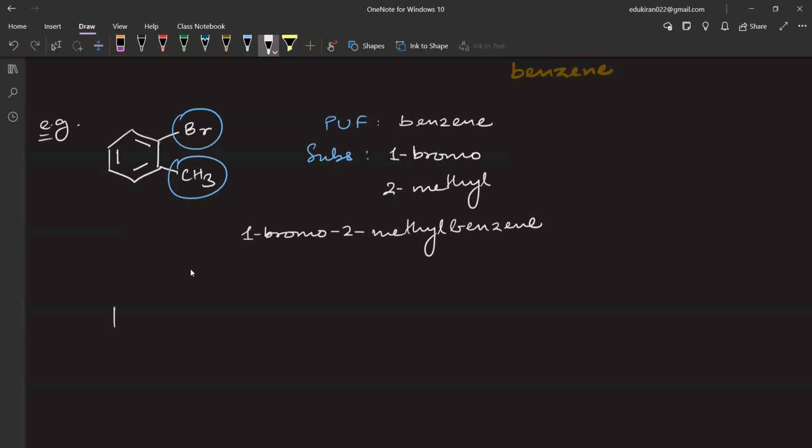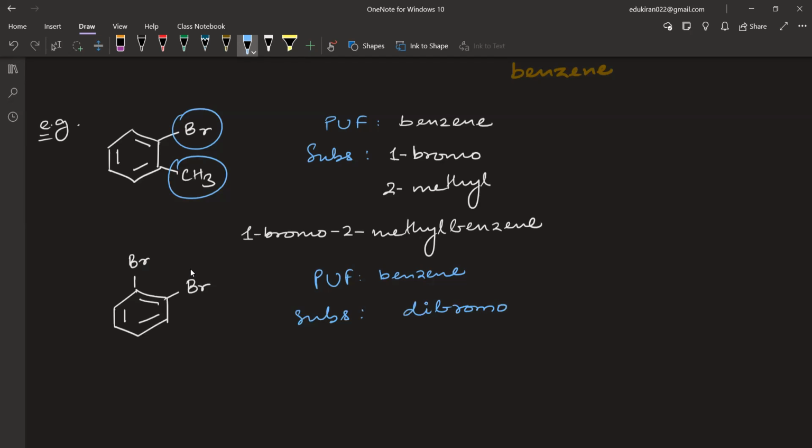And for the second one, we have a Br here, and let us say another Br here. Again, the same thing. PUF will be benzene. Then the substituents: we have dibromo. Is that clear? Yes or no?